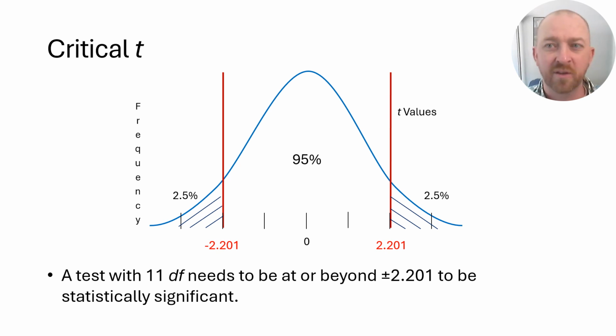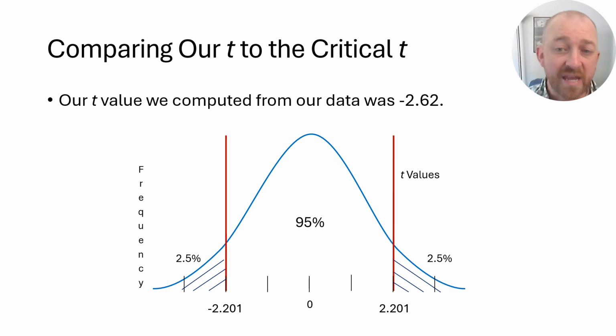Okay, let's take another look here. We had a t-value that we calculated using our data of negative 2.62. If that falls right here, that's lower than negative 2.201, right? And so it is falling outside of that realm of rather boring, or at least not statistically significant, t-values, and it is in the realm of interesting or statistically significant t-values.